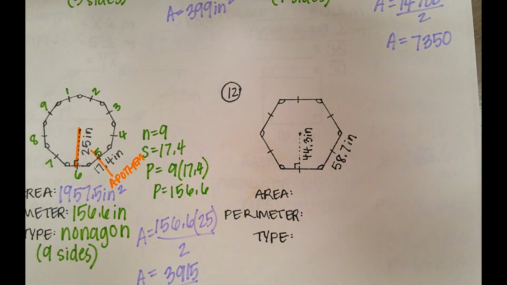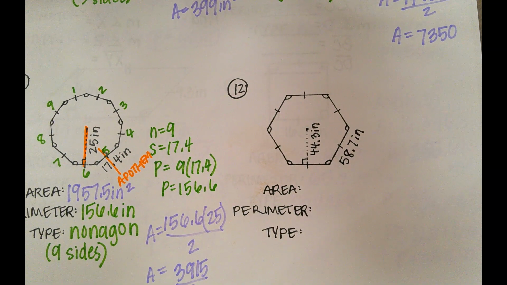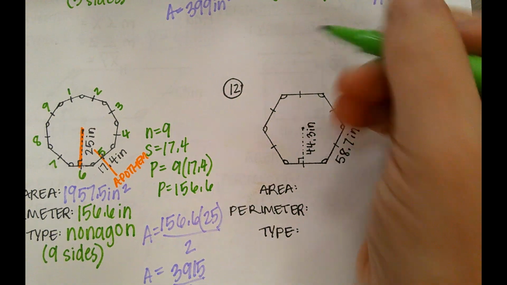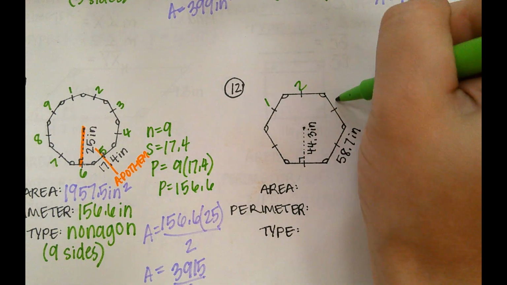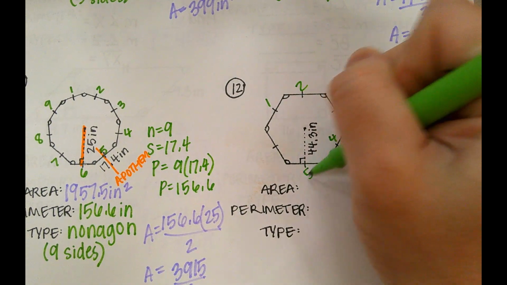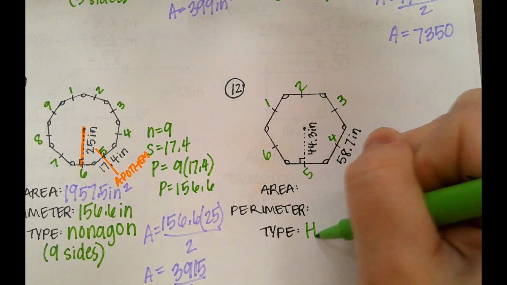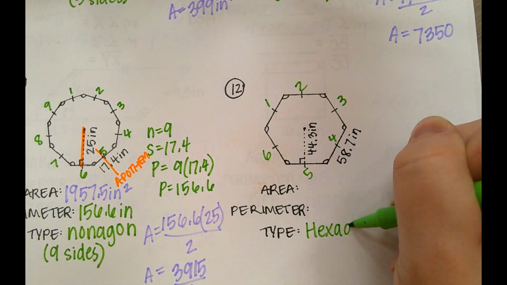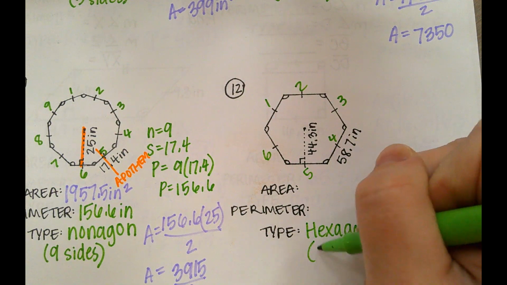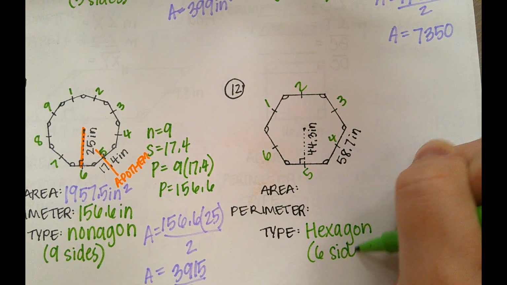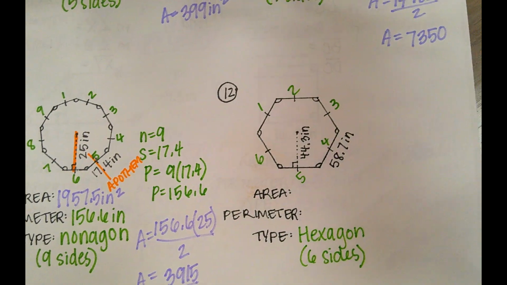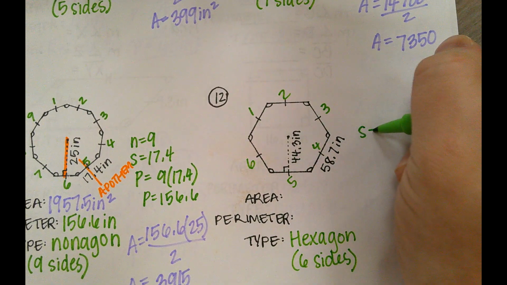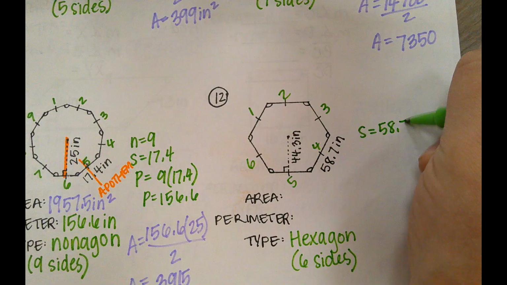And now we'll look at number 12. Six sides, a hexagon. 1, 2, 3, 4, 5, 6 sides. So it's a hexagon. And your side length is 58.7, so you take that times 6. Good.